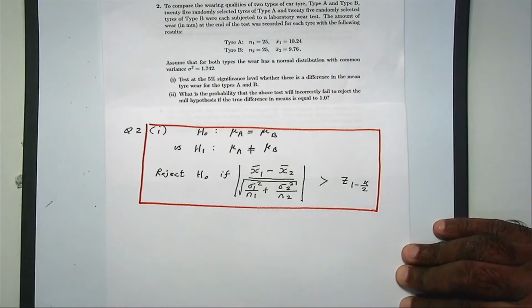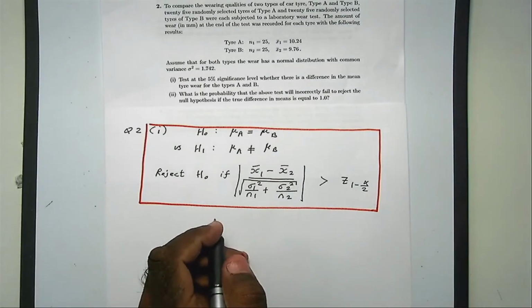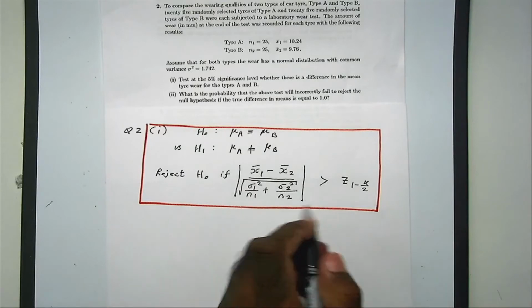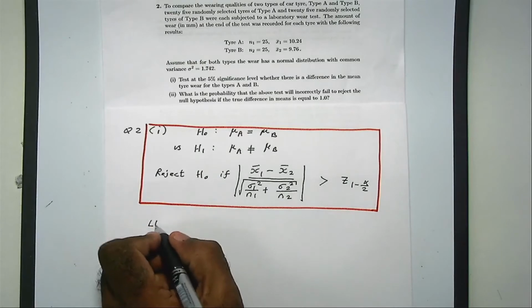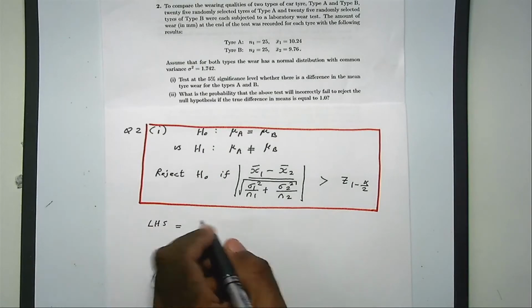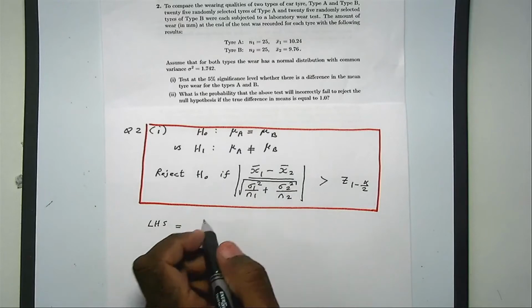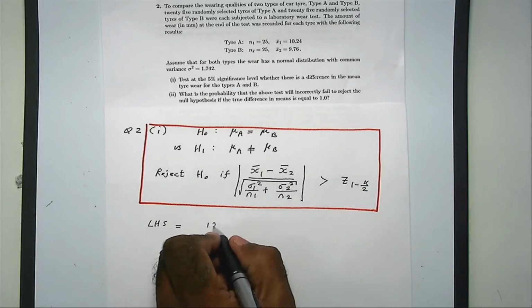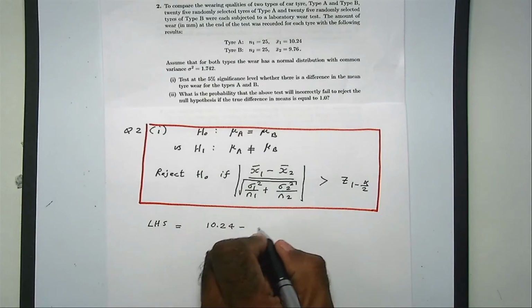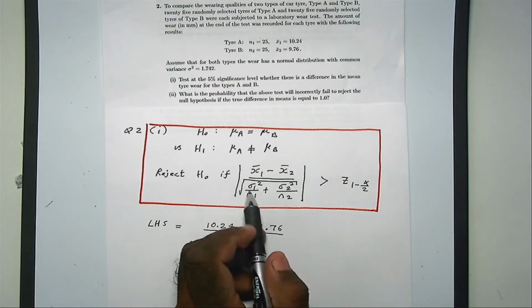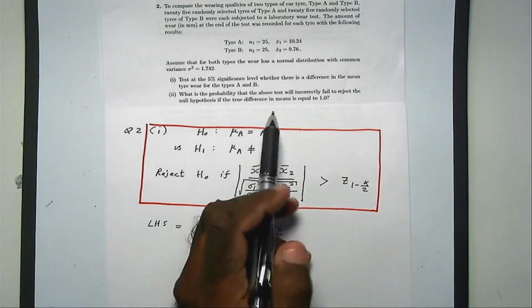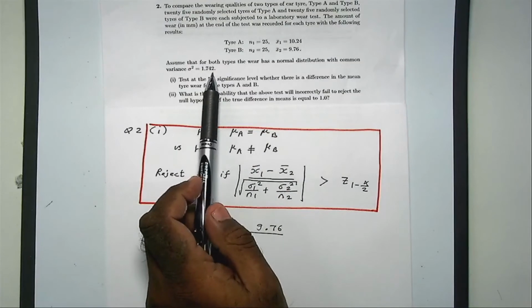Now, what I'm going to do, as usual, is to work out the left hand side and the right hand side and see how they compare. So the left hand side: x bar 1 is given to us as 10.24, x bar 2 is 9.76. Sigma 1 squared and sigma 2 squared, we are told that there is a common variance which is 1.742, right?